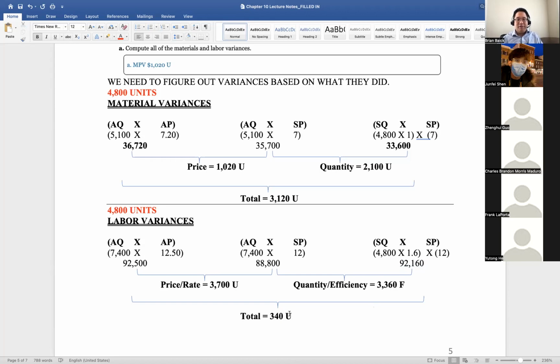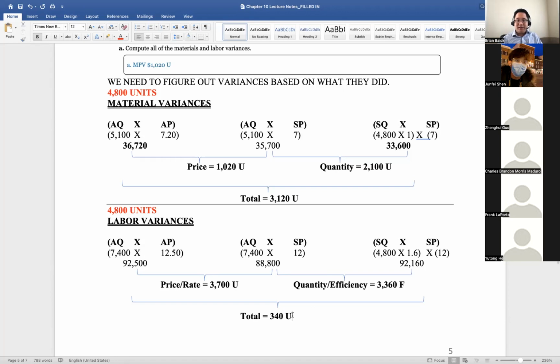Any questions on variances? For the test, you can maybe memorize that you have to use this formula. And then you have price variance, quantity variance, and total variance. You simply have to search through the problem to figure out the correct amounts to use in each of the different places.